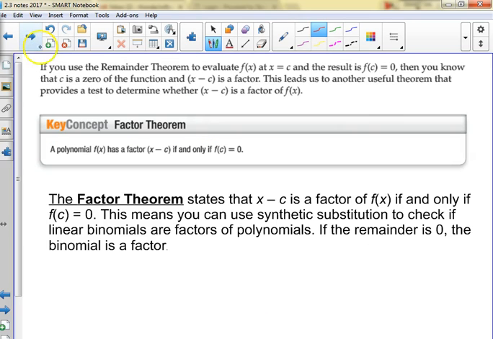If you use the remainder theorem to evaluate a function at a value and it comes out 0, then you know that x minus that value is a factor, which is the factor theorem. It says it works if and only if when you put the value in you get out a 0.